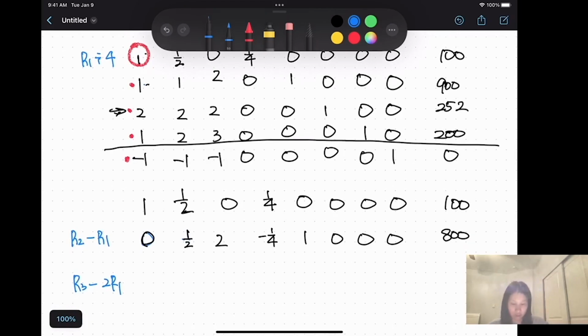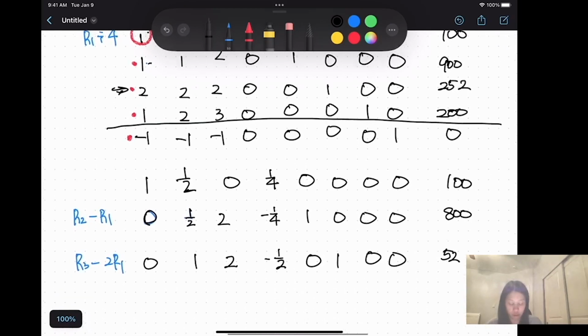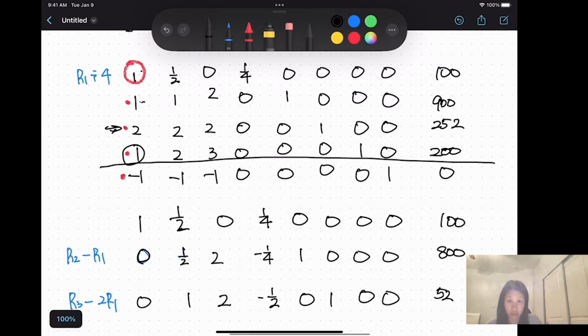So I will have 0, 1, 2, negative 1/2, 0. Okay. So for the fourth row, this is also 1, so all I need to do is the fourth row minus the first row.